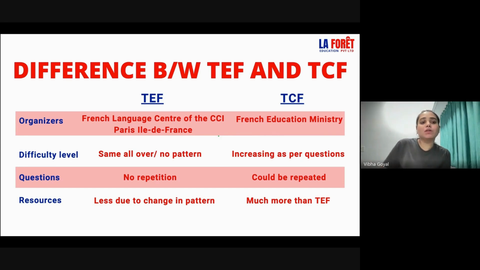There are multiple things that you can appear in DELF also to practice for the TCF. But TEF is organized by the CCI Paris Île-de-France. तो उसमें when the organizers differ, difficulty level और उनके standards also differ.